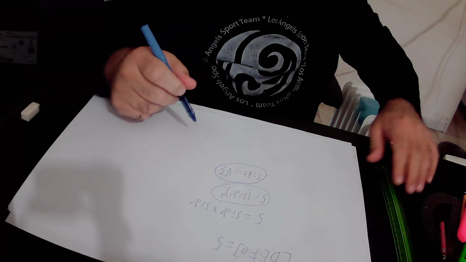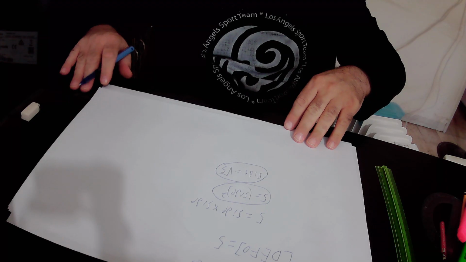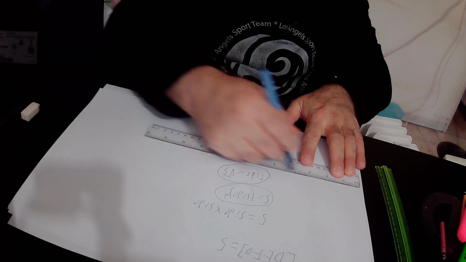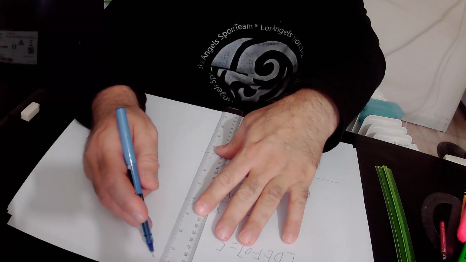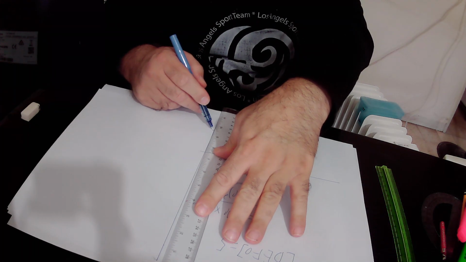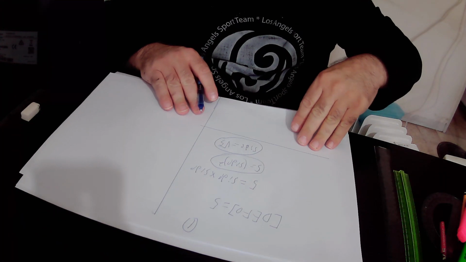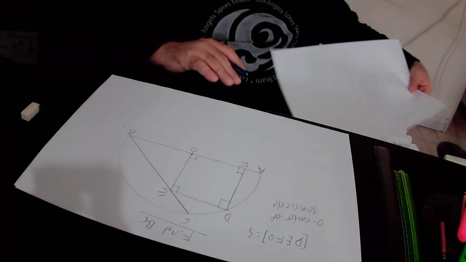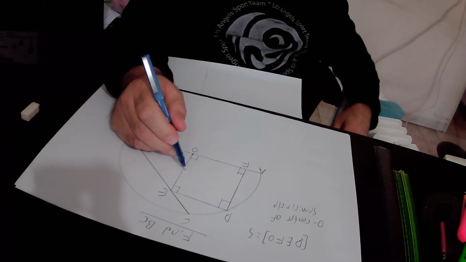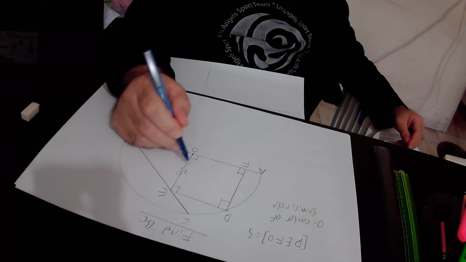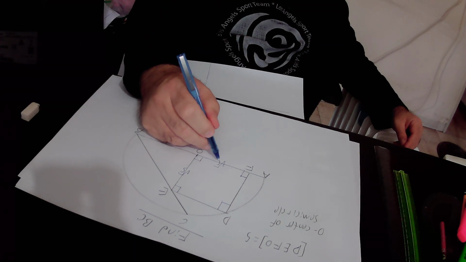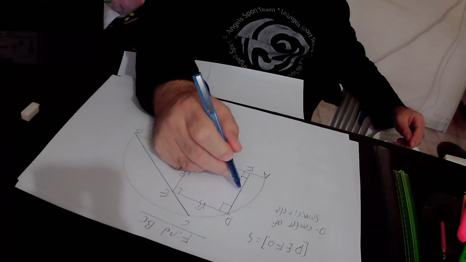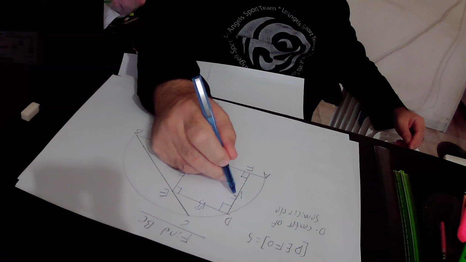That is to say, all the sides of square DEFO equal the square root of 5 units. EO equals the square root of 5 units, FO equals the square root of 5 units, DE also equals the square root of 5 units, and finally DF also equals the square root of 5 units.